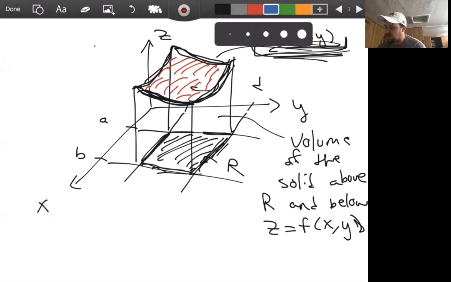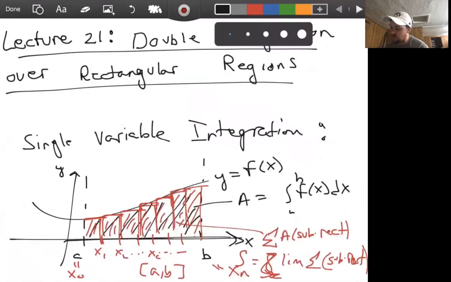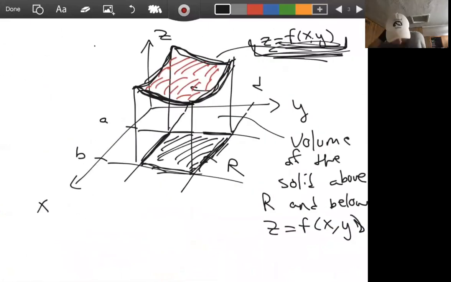Well, we can do something similar to what we did with the single variable case. In the single variable case, we took a partition of our domain, which was the interval [a, b], and we partitioned it with xi. We can do something similar here.